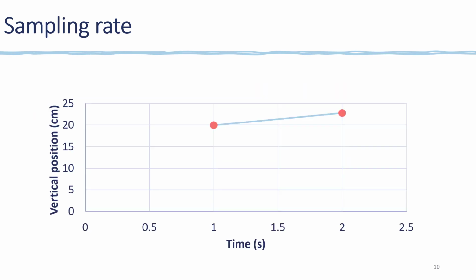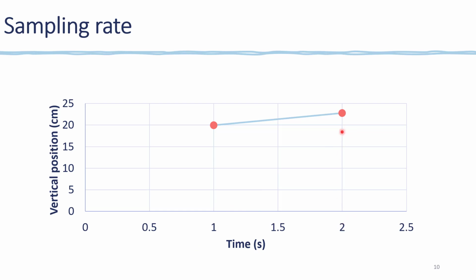Okay, so you may be wondering why sampling rate even matters. Well, hopefully I can show you why in the next few slides. So let's look at this graph first. We have these two positions, or these two data points, between seconds 1 and 2. So that means that our sampling rate in this case is 2 hertz, right?